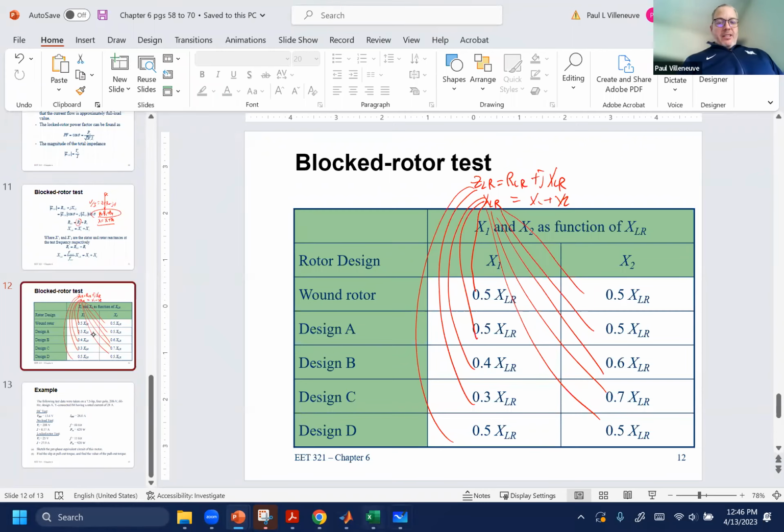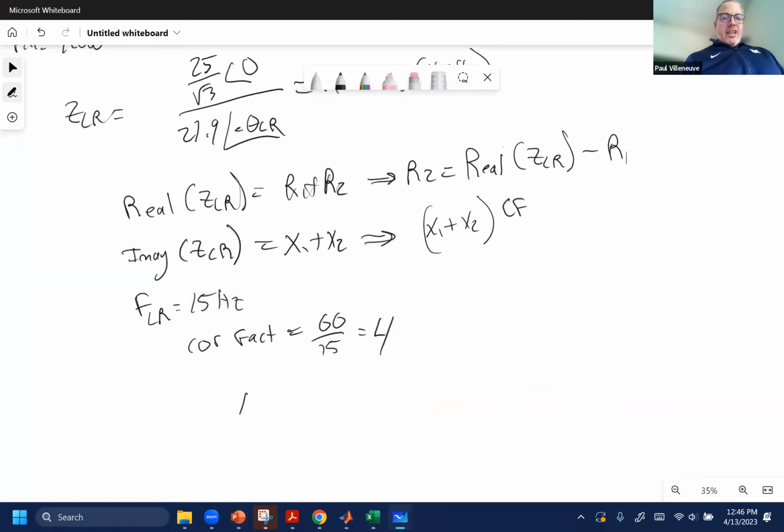So I can go back to here and say X1 plus X2, and maybe I'll put these corrected, so we'll just add a C, is going to be equal to X locked rotor multiplied by my correction factor, but divided by 2, right? Because 50% of something is the same thing as dividing by 2.